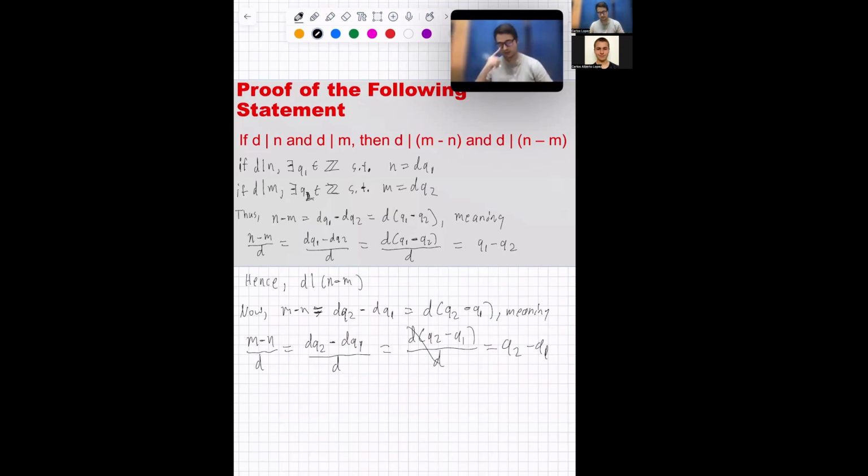So you can see that these cancel out and you end up with q2 minus q1, right? Hence, d divides m minus n.